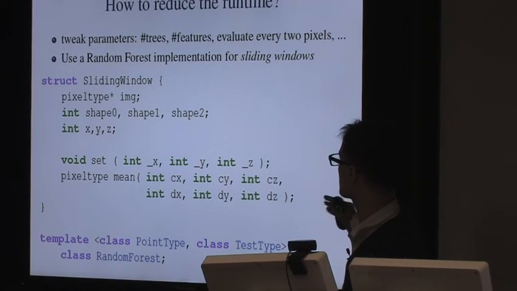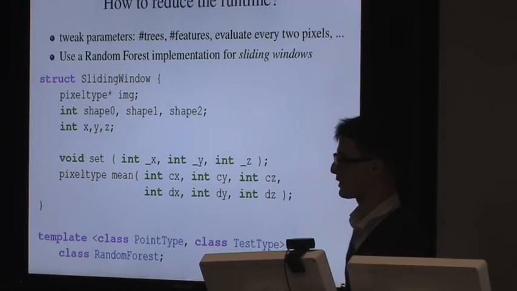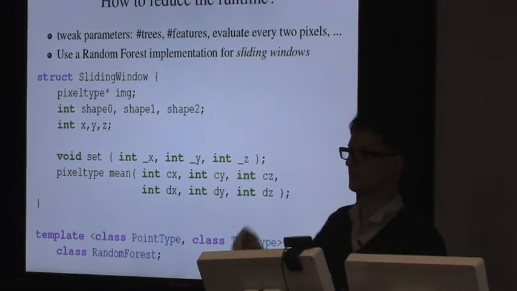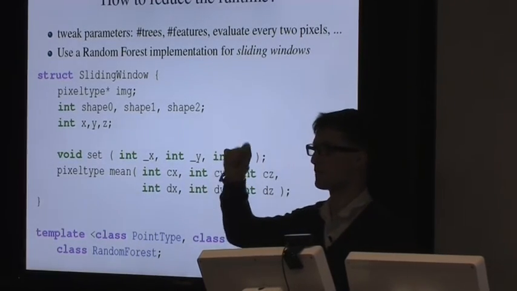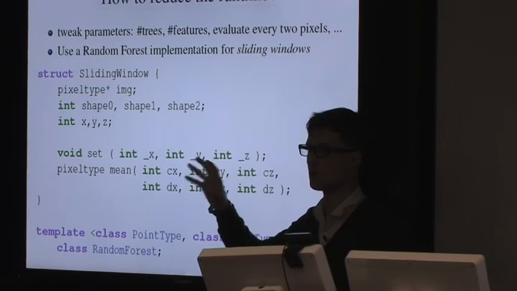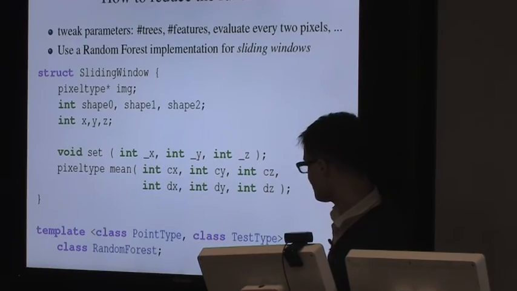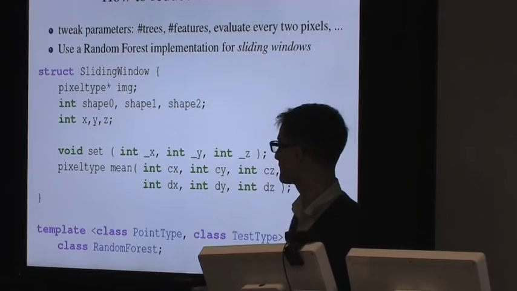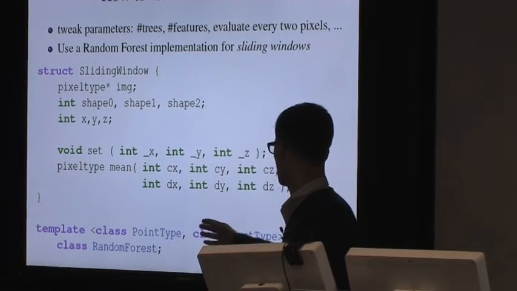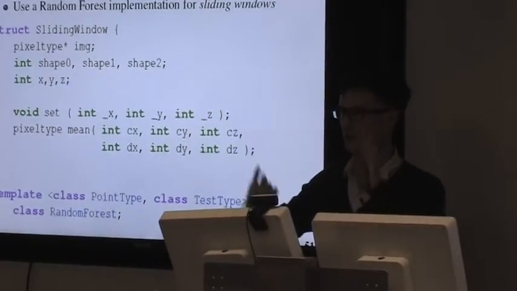So if I really want to be fast, what I need is a random forest implementation which was built for sliding windows, so that at every pixel you have a sliding window object which points to a single copy of the image, and your random forest is templated over the type of points so that it can accept a sliding window point, and the type of tests, so that it can do these batch-wise tests.